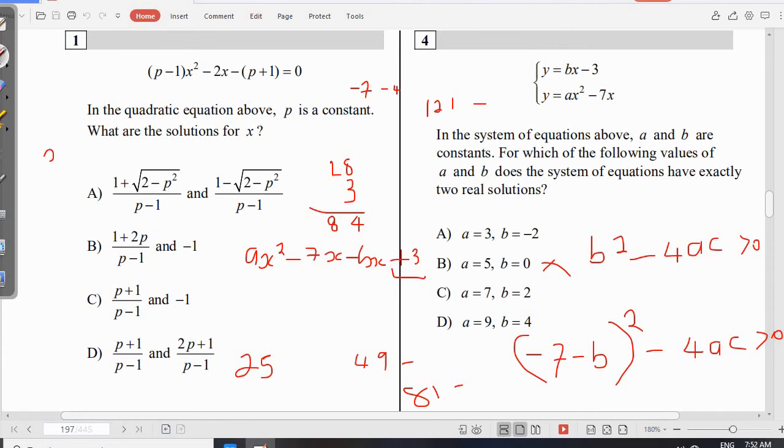Let's see. 3 times 6 is 18. 3 times 3, 9, plus 1, 10. 108. We have gotten the answer. 121 minus 108 is positive. So this is the answer here. Quite an annoying question. Let's go to the next one.